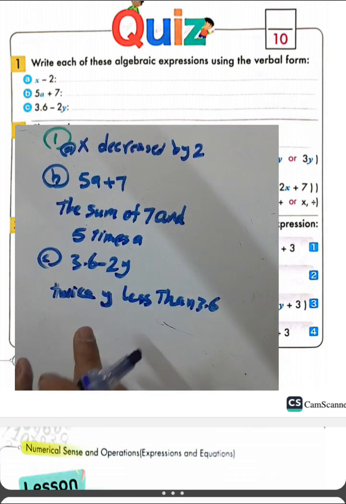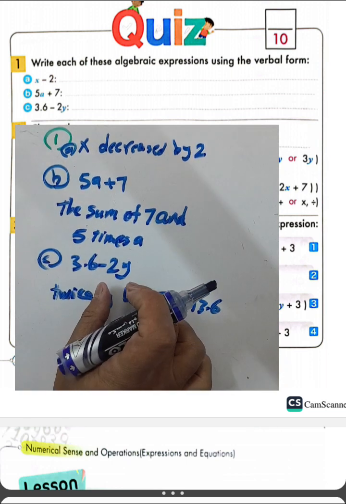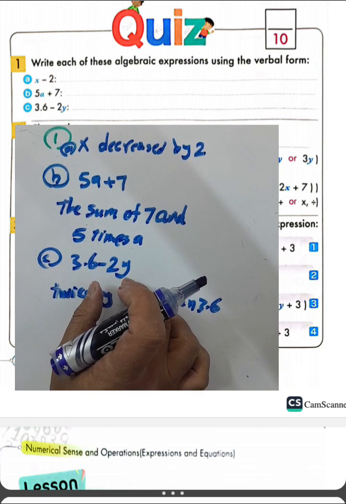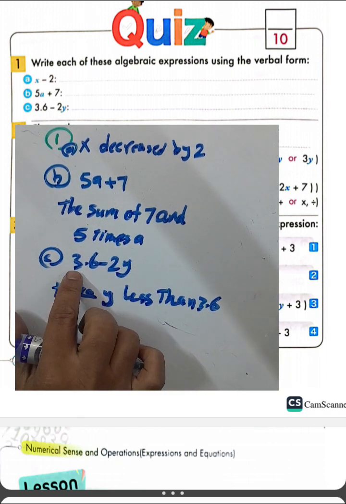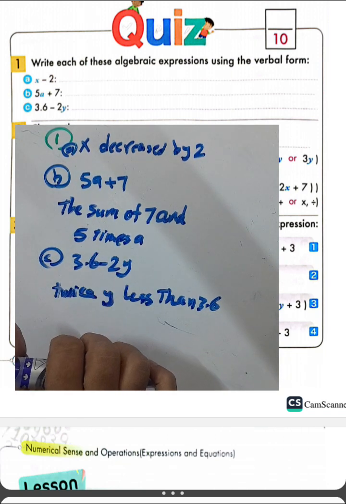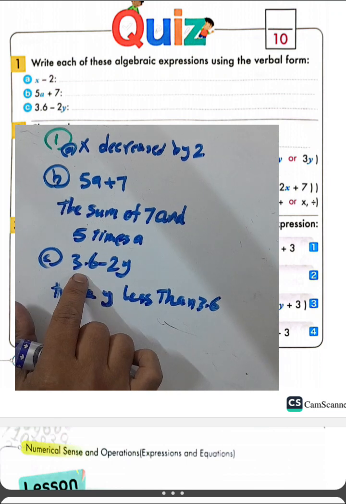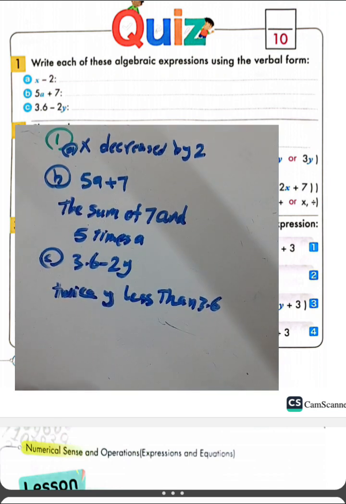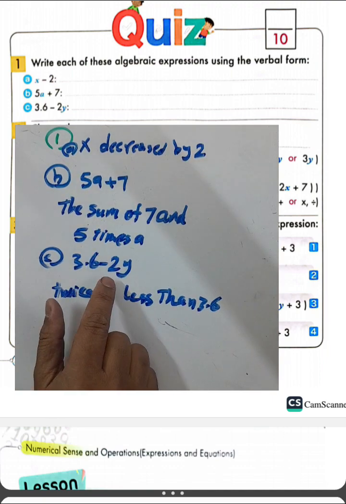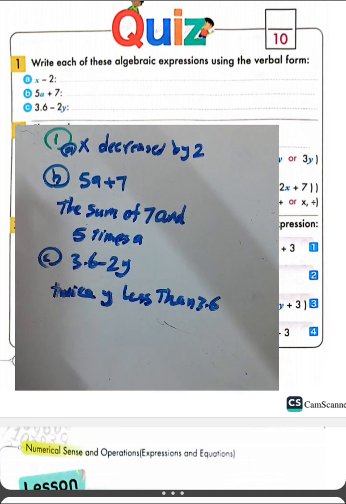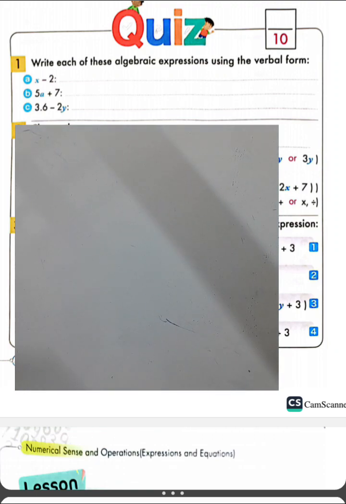We can write double y subtracted from 3.6, or 3.6 decreased by twice y, as you like. Okay, any words you can write here are true.